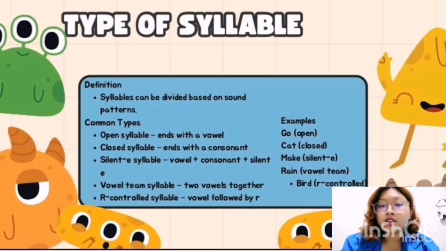R-controlled syllables have a vowel followed by R. For example, go is open, cat is closed, make is silent E, rain is a vowel team, and bird is R-controlled.